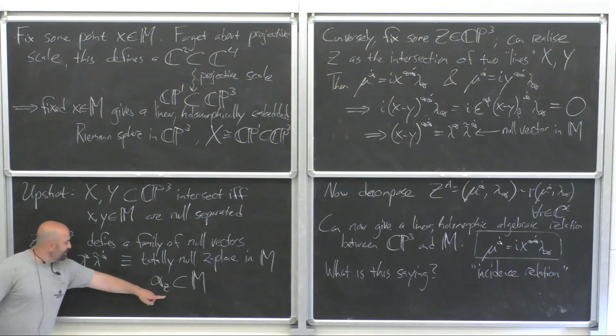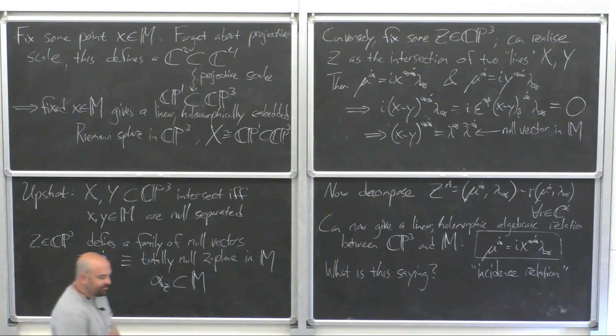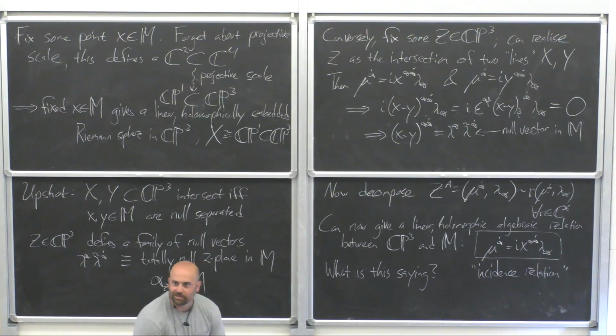And I label it with a Z to remind us that the null vectors, their undotted bit is all proportional to lambda, the bit of the point up in CP3 that we started with, okay? So this correspondence is very non-local in both directions. A point in complexified Minkowski space gives us a sphere up in CP3, and a point up in CP3 gives us this whole totally null two-plane inside of complexified Minkowski space.